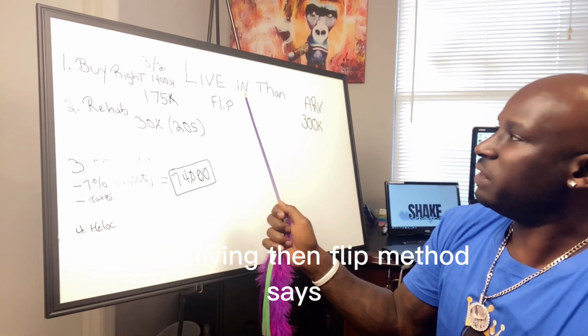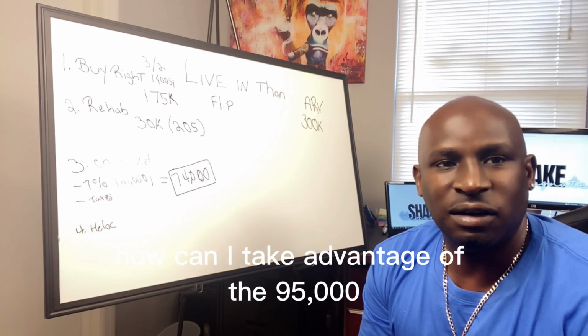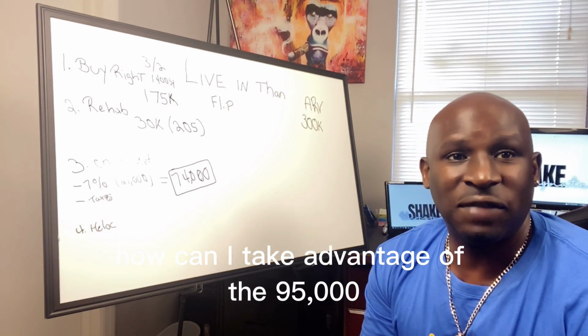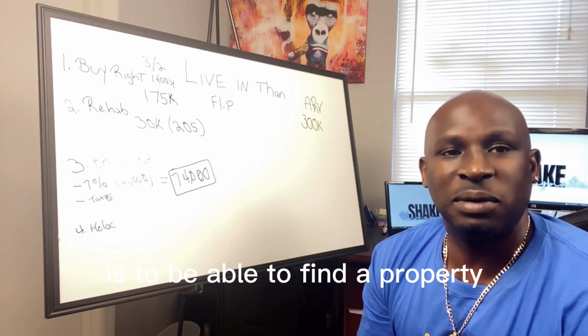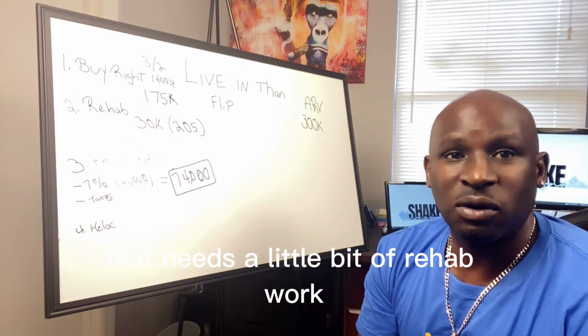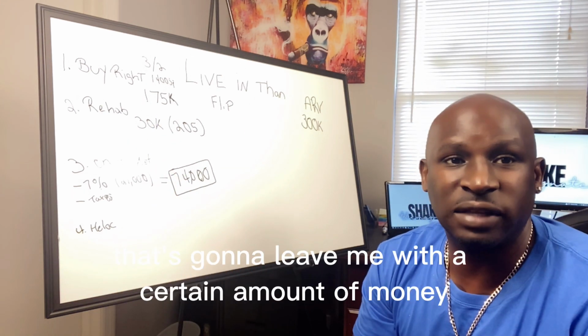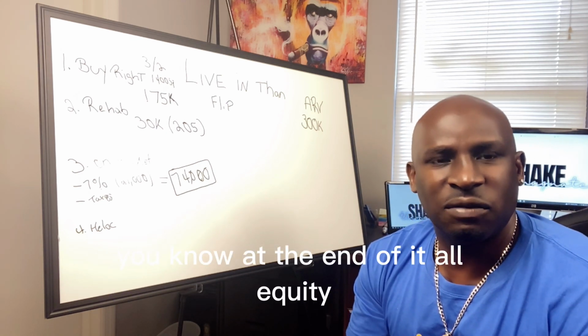So the live in then flip method says, how can I take advantage of the $95,000? That was the whole purpose of the strategy in the first place: to find a property, buy it right, that needs a little bit of rehab work, that's going to leave me with a certain amount of money at the end of it all.